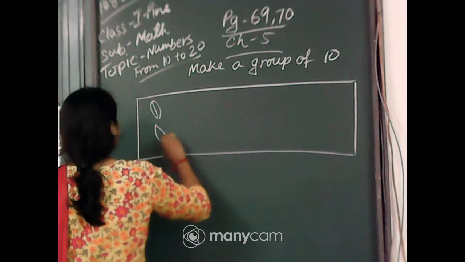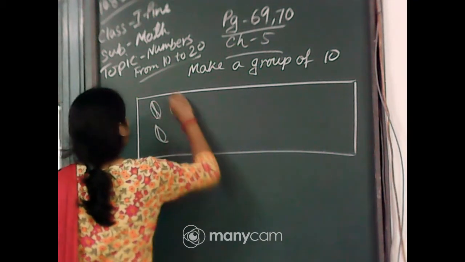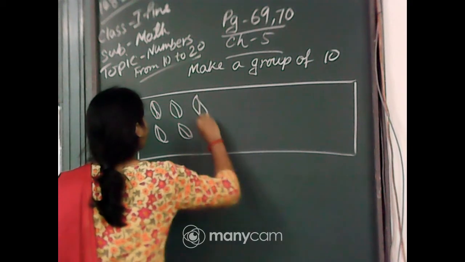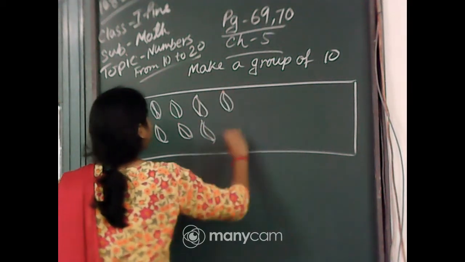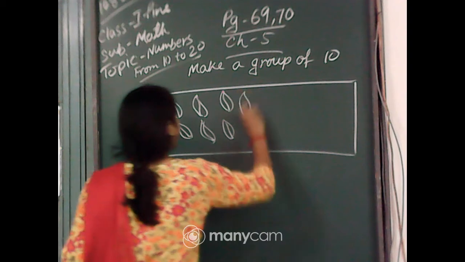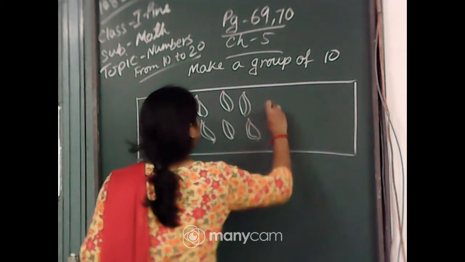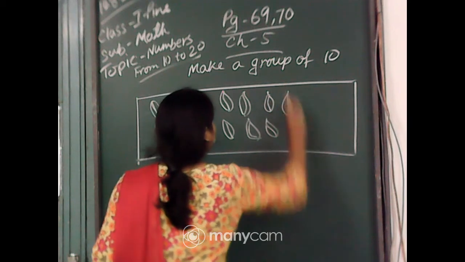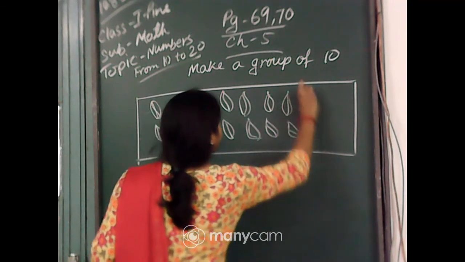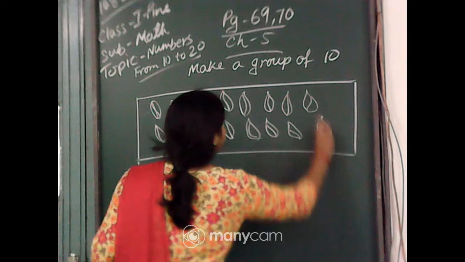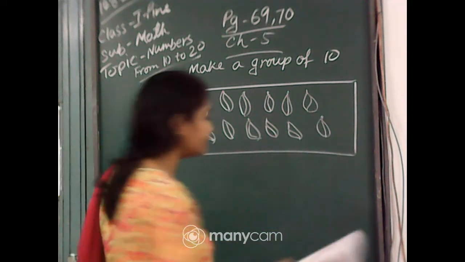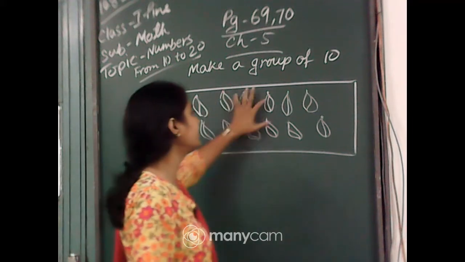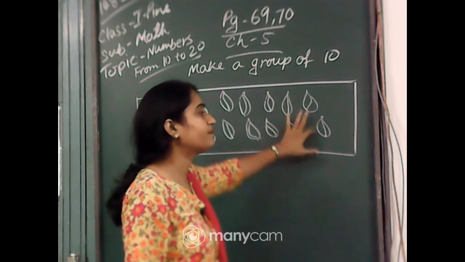Okay. How many leaves in this picture? 16.